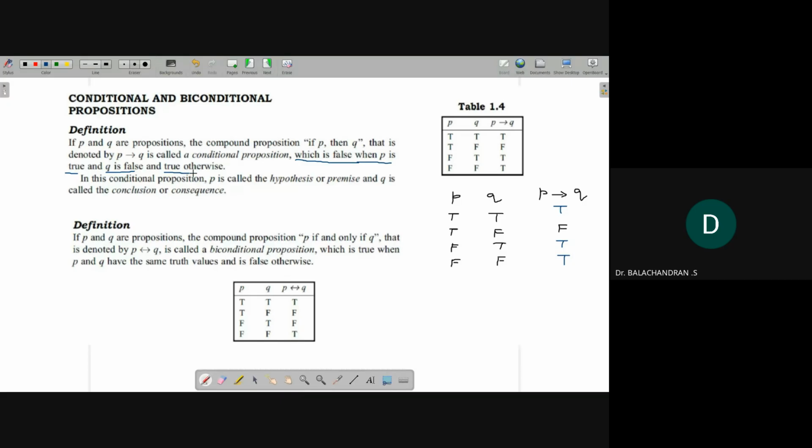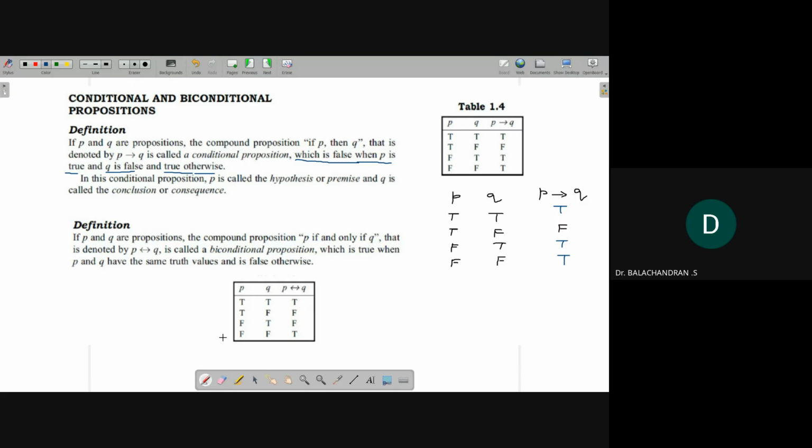That means in all other cases it is true. This P is called the hypothesis or premise, and this Q is called the conclusion or consequence.